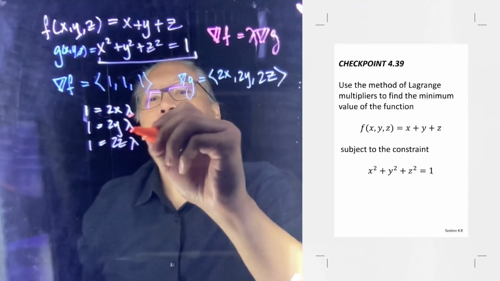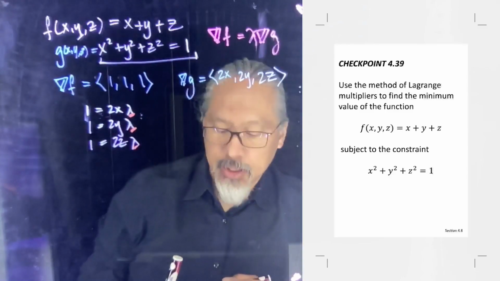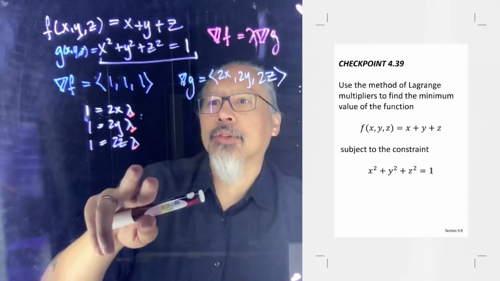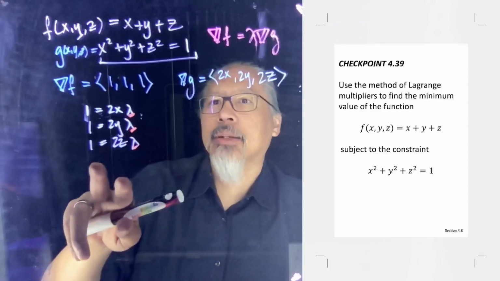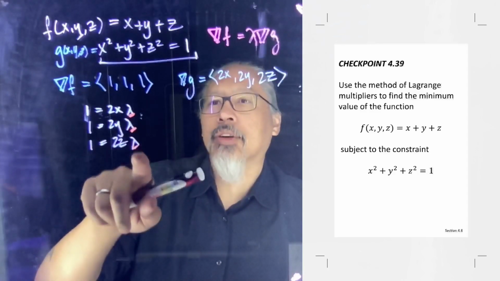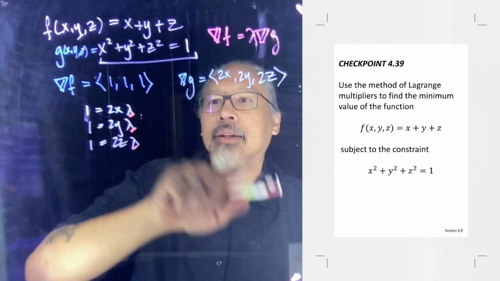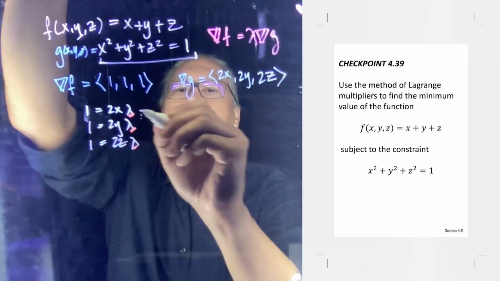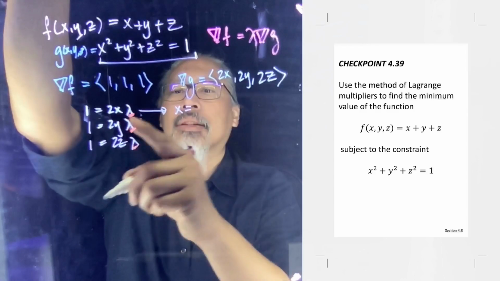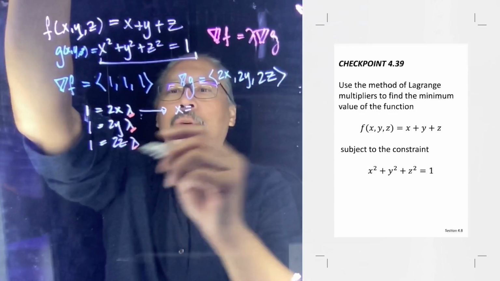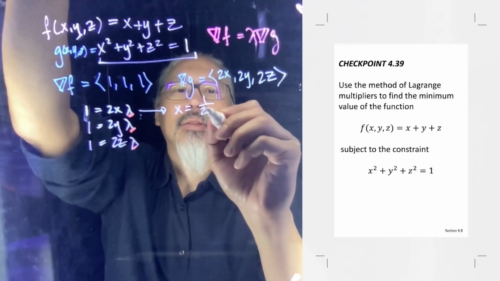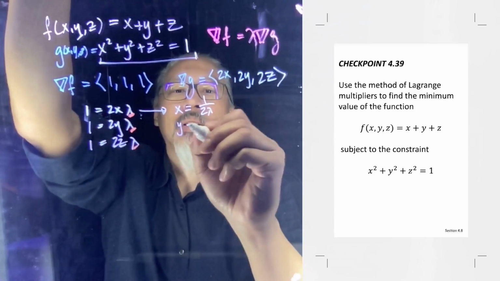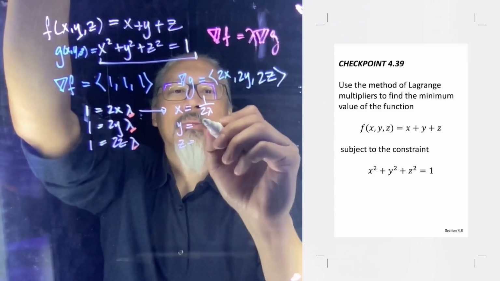I see a lambda all lined up here, so I might be interested in solving for x, y, z and putting it back into the constraint in terms of lambda. So we'll solve for x. X is going to be equal to 1 divided by 2 lambda, and it turns out that y is going to be the same and z is going to be the same.